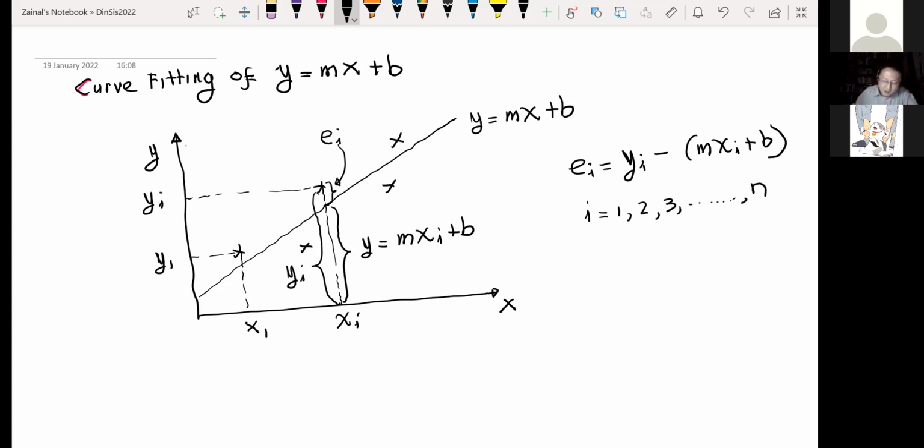Now we want to adjust the line. You have to adjust it so that the summation of ei is minimum.